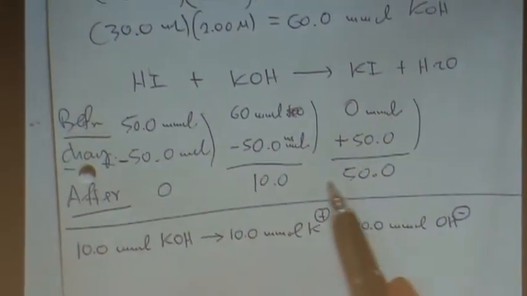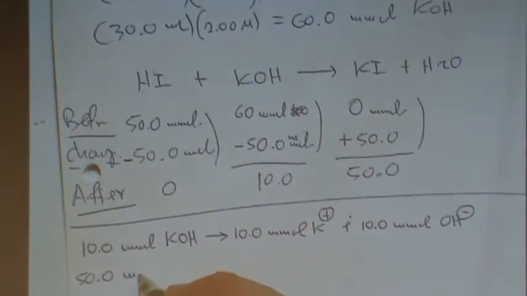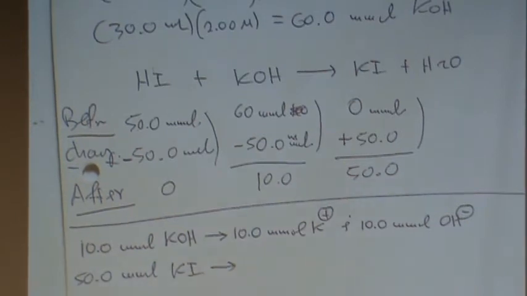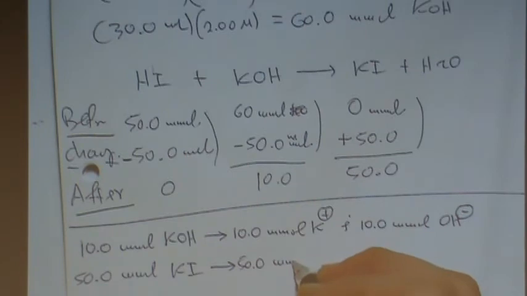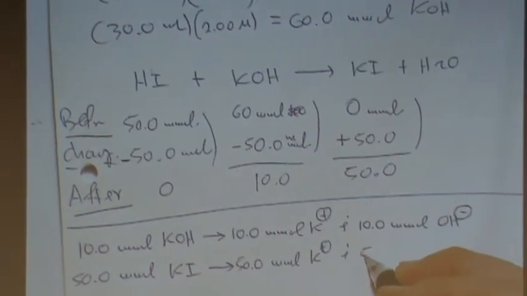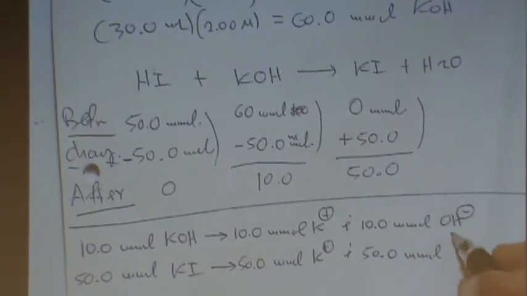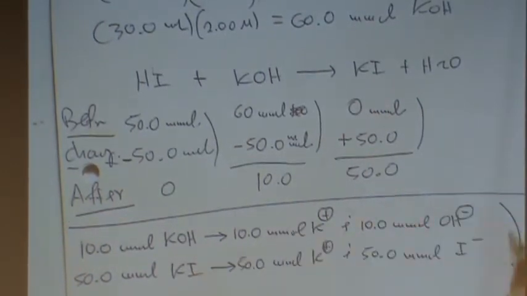We also have 50 millimoles of potassium iodide, the product. Yes? Which means we have what? 50 millimoles of potassium plus and 50 millimoles of iodide minus. And so now, that's what we have, all these 4.